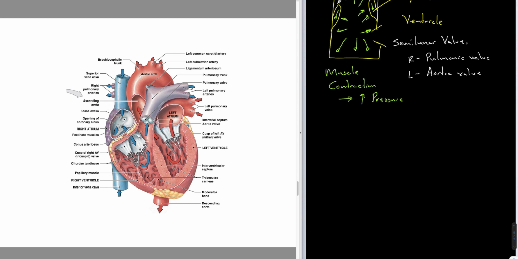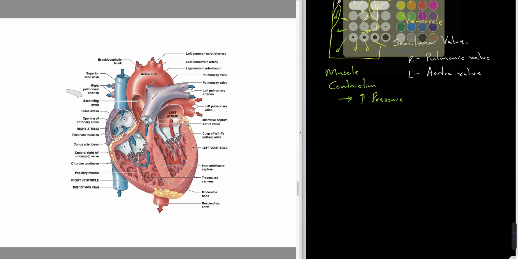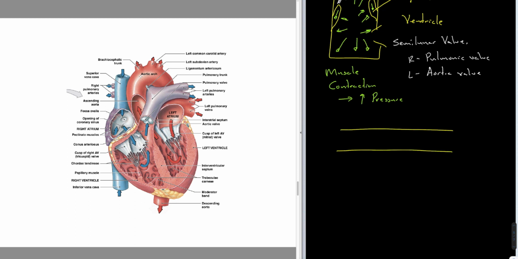Let's simplify this. Imagine we have two chambers, and they're separated by a doorway, in this case the valve. Now, if we were to put pressure on this, right, the valve would open and our blood would travel through. If we were to put pressure on this way, our valve opens the opposite way and blood travels through.